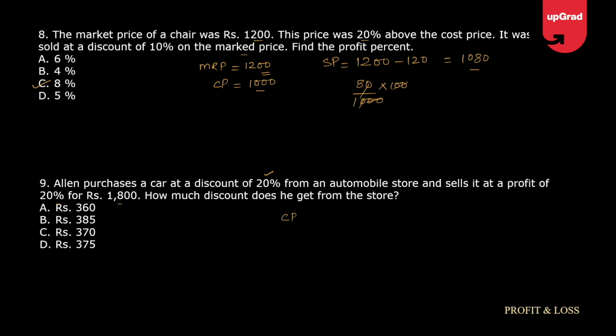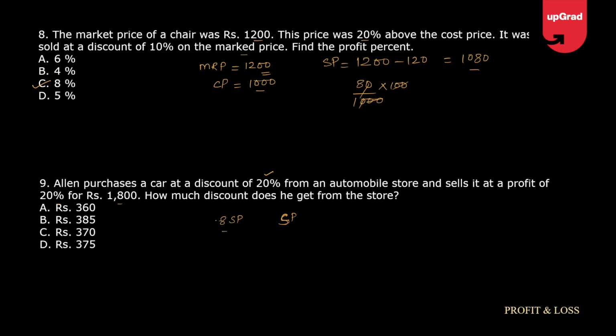Let's say the selling price was SP, because we are calculating on SP. So if the selling price was SP and he purchased it at 20% discount, that means he purchased it at 0.8 of SP. Now this was one side of the transaction when he purchased the car. Next, he sells it at a profit of 20%.